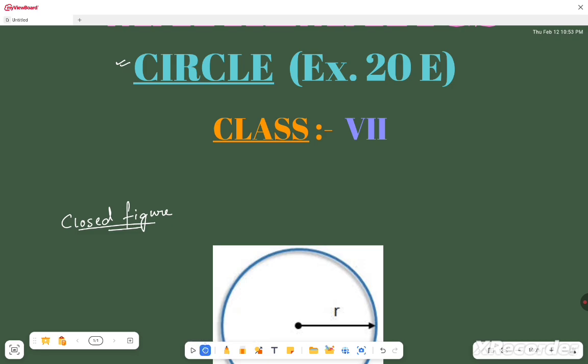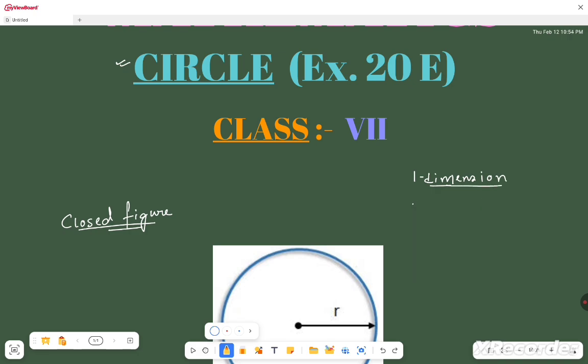Now again we have different dimensions. We have one dimensional figures, like line, straight line, these are all one dimensional.